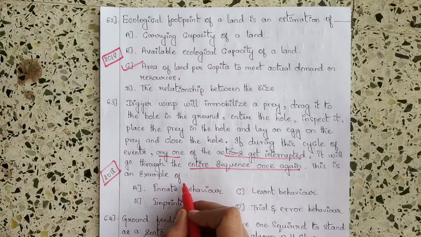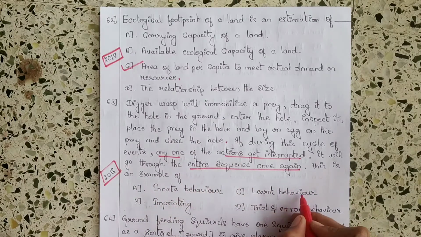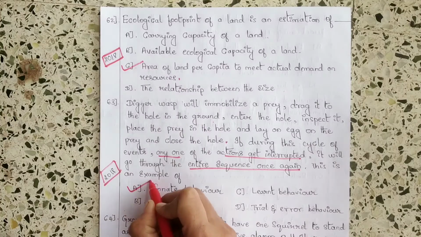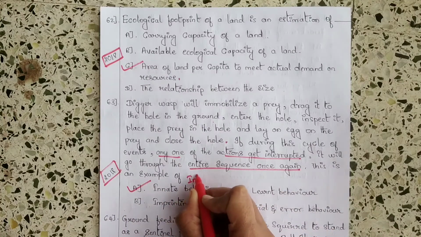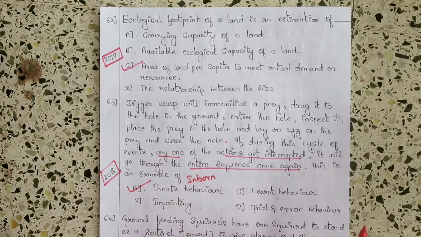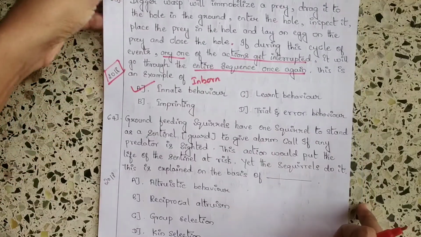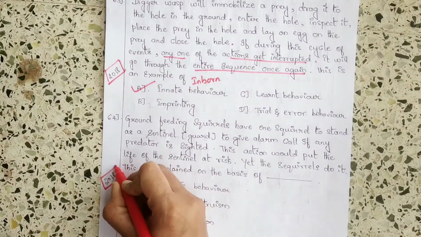This is an example of: option A, innate behavior. Option C, learnt behavior. Option B, imprinting. Option D, trial and error behavior. The correct answer for this is option A, that is innate behavior, or you can say it is an inborn behavior. Okay, let us move on to the next question, which was asked in the year 2018.